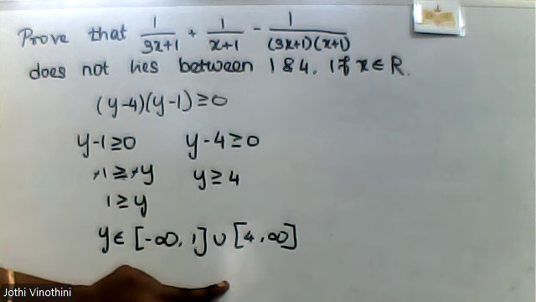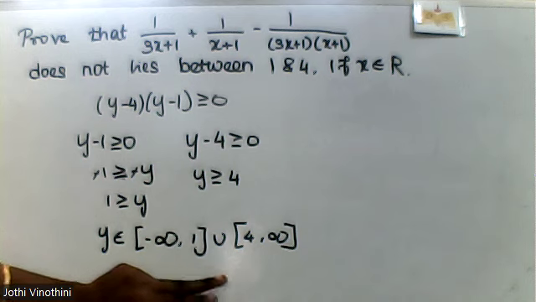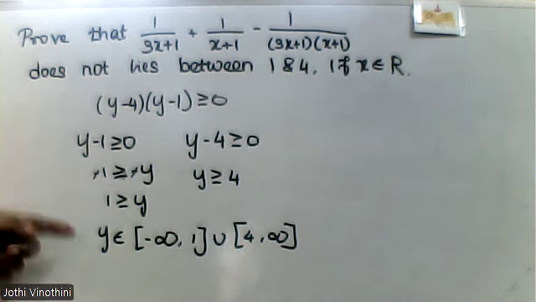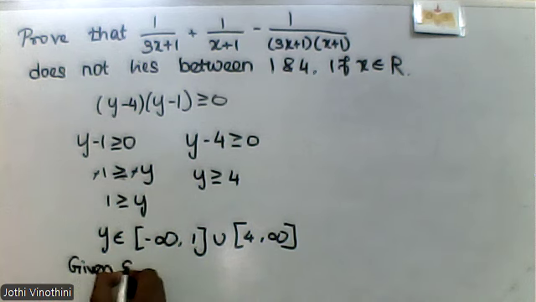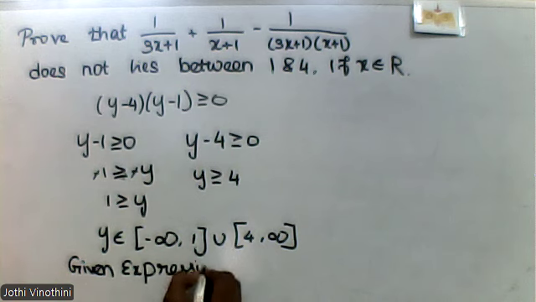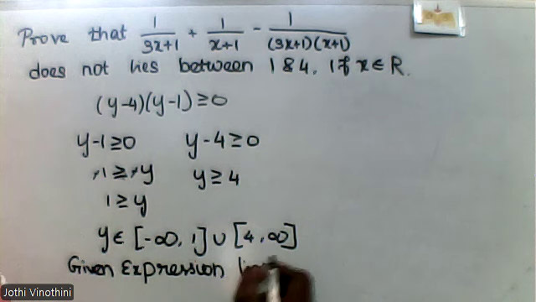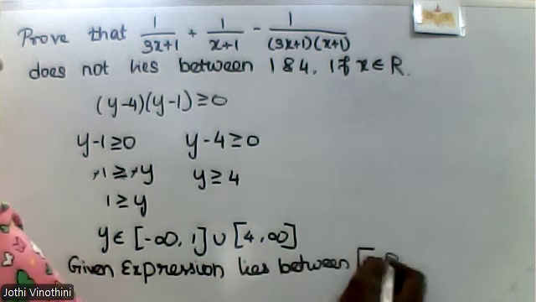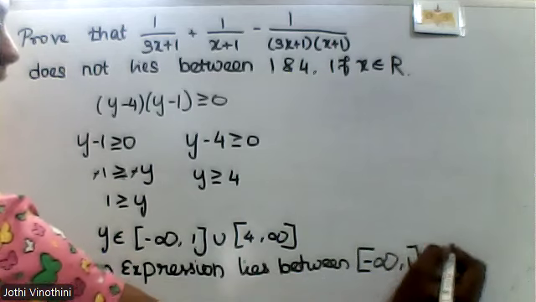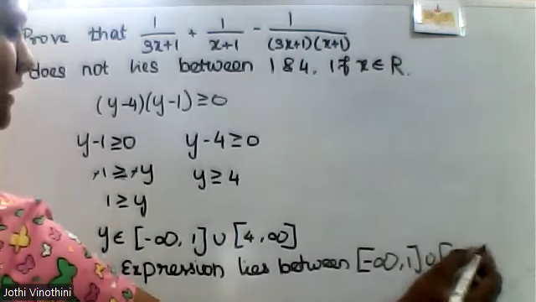So from this we find the range of y. What is y? y is the given expression. So we can say the given expression lies between minus infinity and 1, union 4 and infinity.